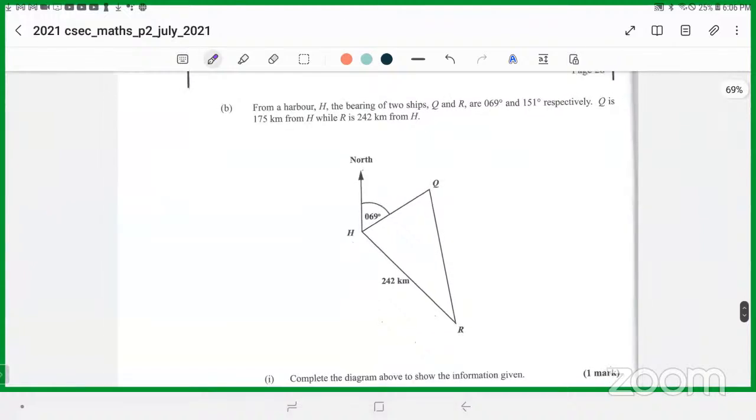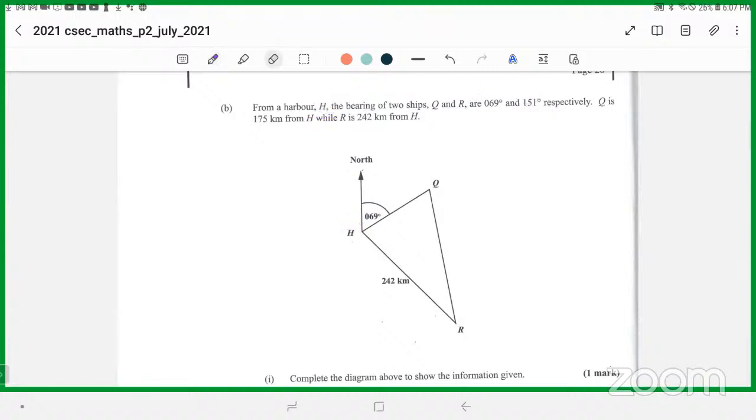All right, so this one says, from a harbor H, two ships, Q and R. Q is at 069 degrees, and they show the 069 degrees. So you see they're helping you, even showing the angle there. From H to R, the bearing is 151 degrees.